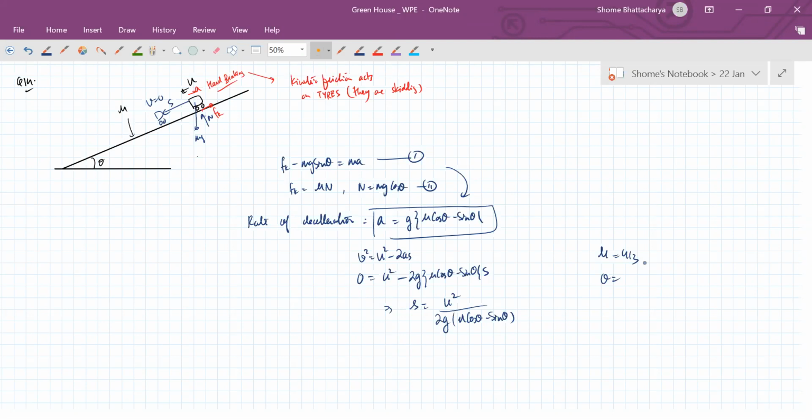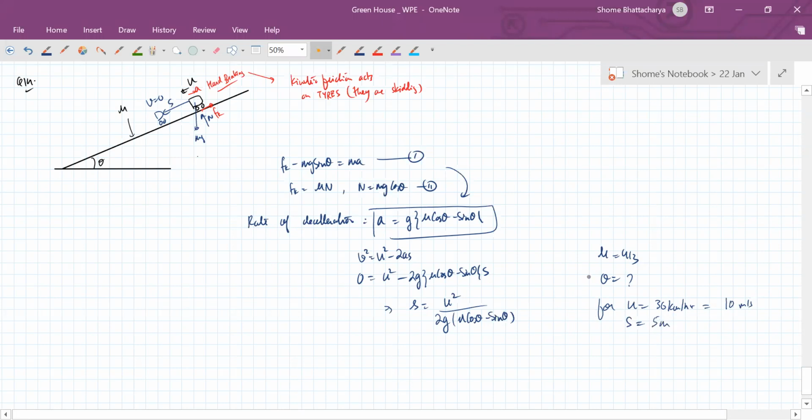Achha, you have to find the incline. So it is the reverse. Okay, what we have to do is find theta so that for u equal to 36 kilometers per hour, which is 10 meters per second, s is equal to 5 meters.